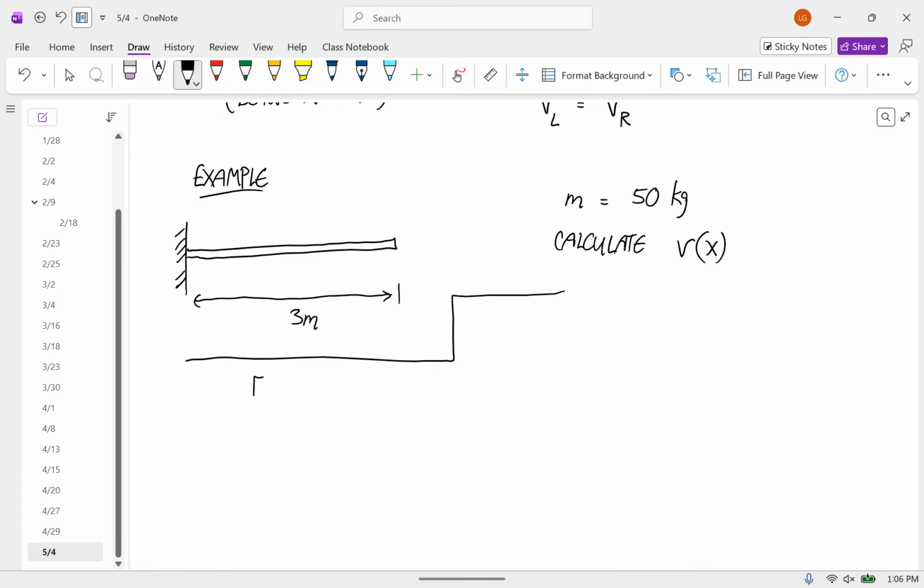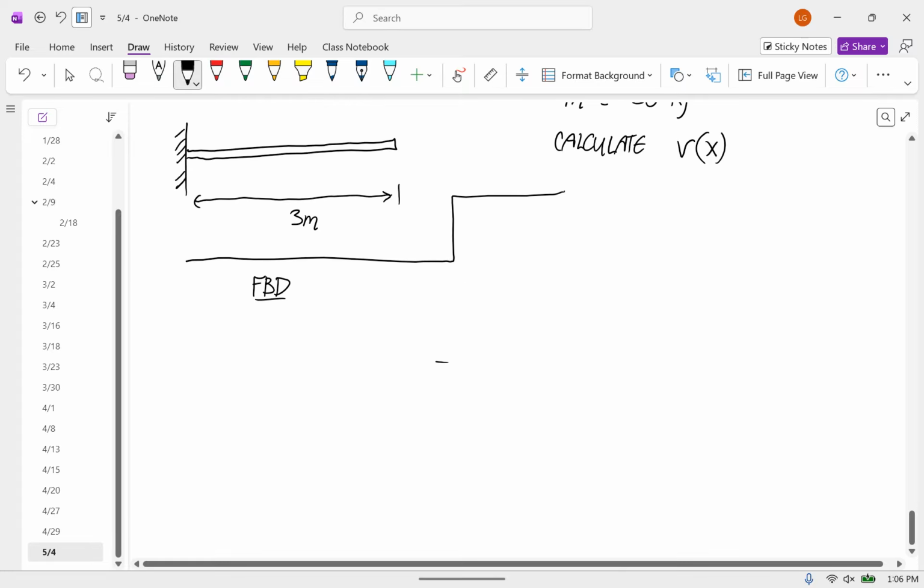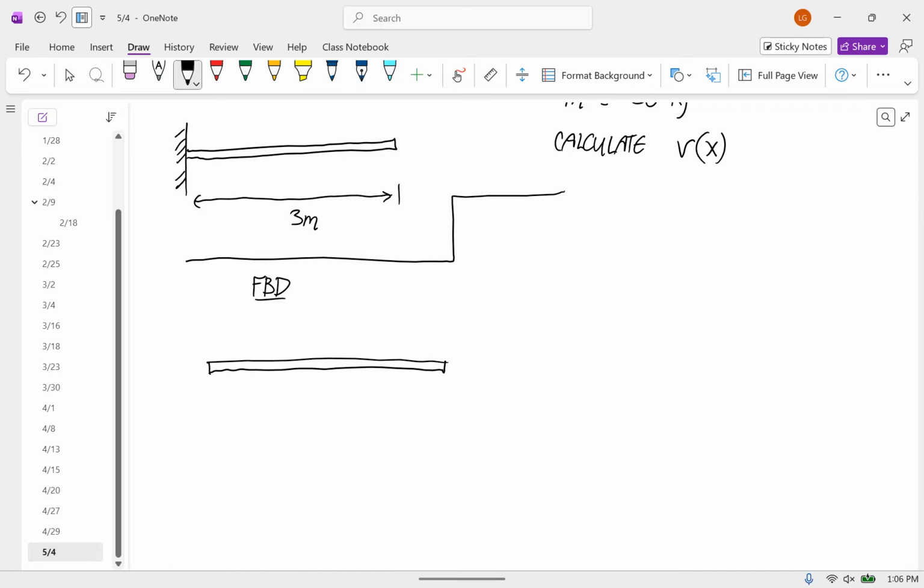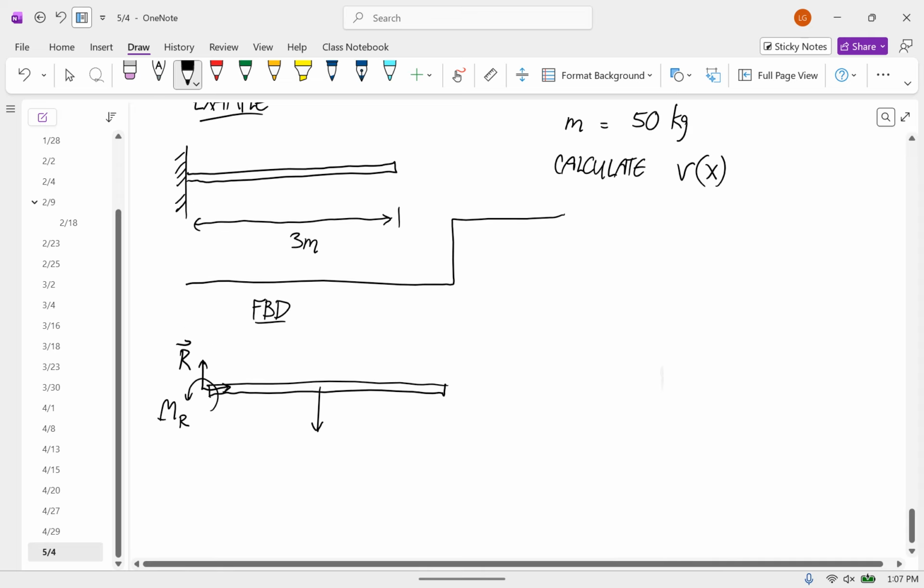Okay, so I'm going to start with a free body diagram of the whole thing. At the fixed joint, we have a reaction force and we have a reaction couple. We'll call that MR. And then at the midpoint, we have the weight of the beam, which is 50 times 9.81, so 490.5.